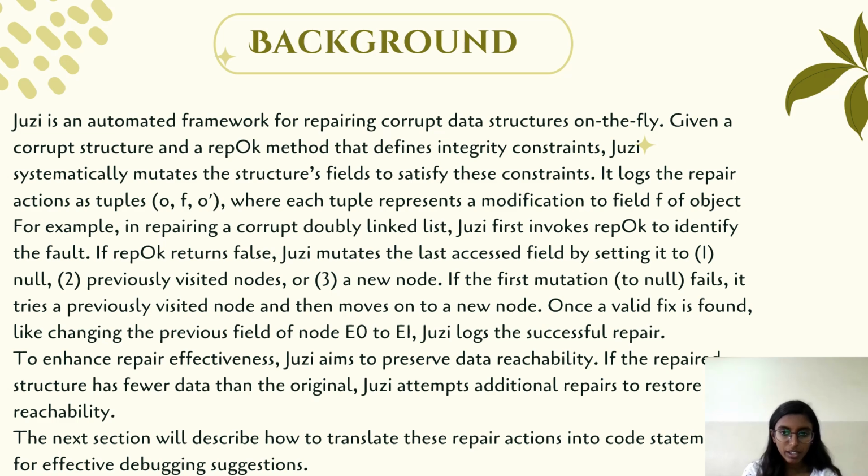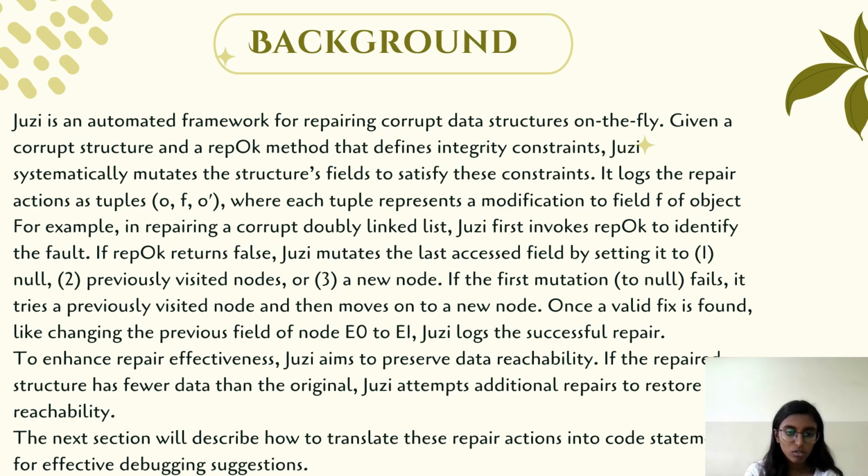Once a valid fix is found, like changing the previous field of node E0 to E1, Juzi logs the successful repair. To repair effectively, Juzi aims to preserve data reachability. If the repaired structure has less data than the original, Juzi attempts additional repairs to restore reachability.